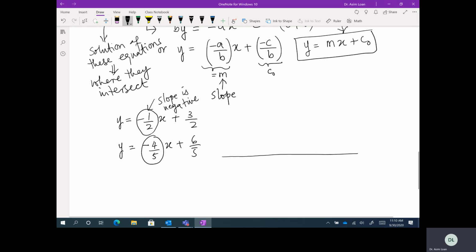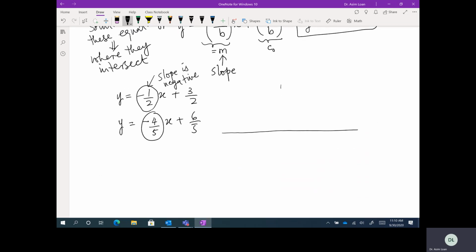Okay, so this is y, this is x. Both are going to be like this. For this line, 3 by 2 is 1.5 and 6 by 5 is 1.2, right?